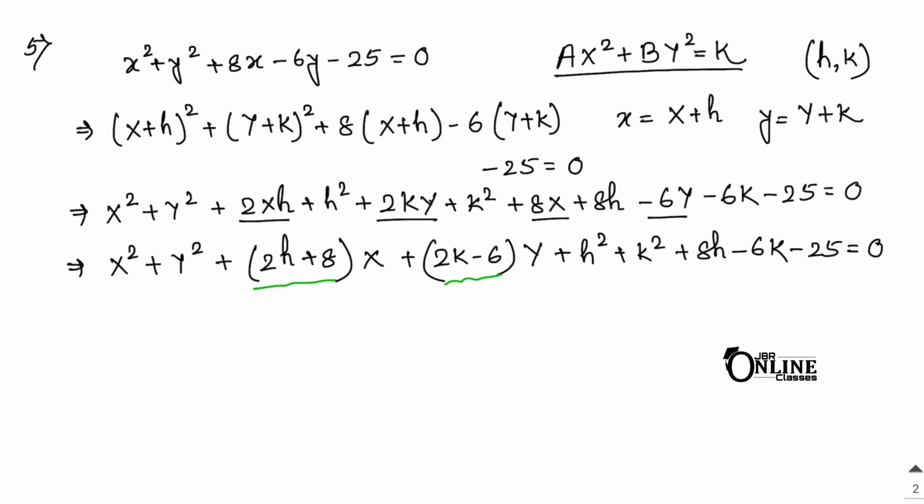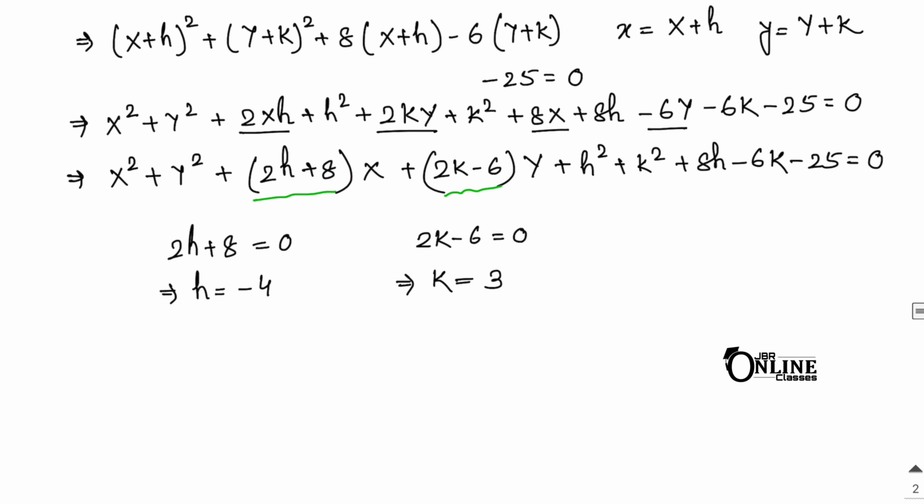So write 2h plus 8 equals 0, and also 2k minus 6 equals 0. From that, h equals minus 4, and k equals 3. So as h equals minus 4, k equals 3, you can easily find the value of the constant portion.